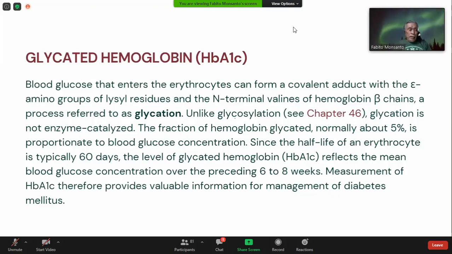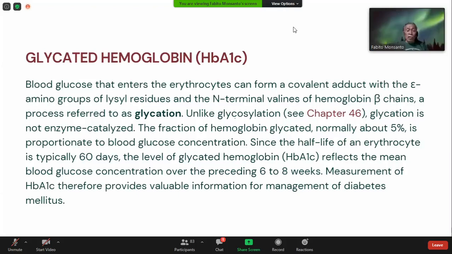Now, if you do not have the signs and symptoms yet of diabetes, and they do an examination of your RBC and your hemoglobin, and they say hemoglobin A1C, that your hemoglobin is decorated with glucose, then that is a sign already that you will have frank diabetes mellitus.